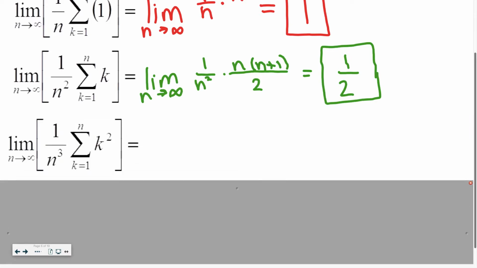Let's talk about our k squared shortcut. If you have your k squared summation, then you're going to probably have a 1 over n cubed out in front, which will help as we evaluate the limit, but write it down first.